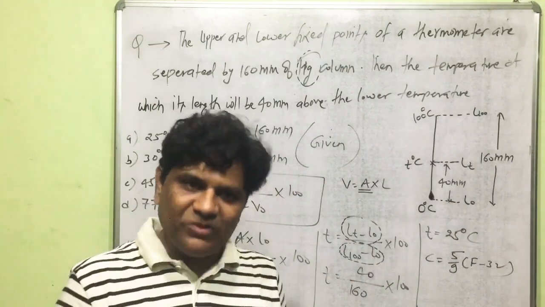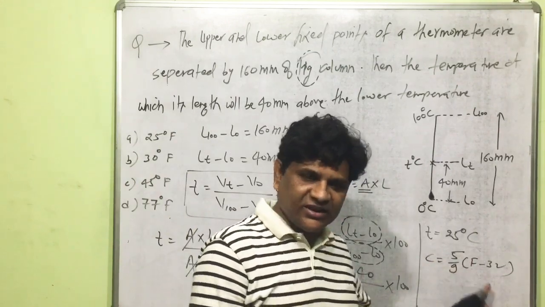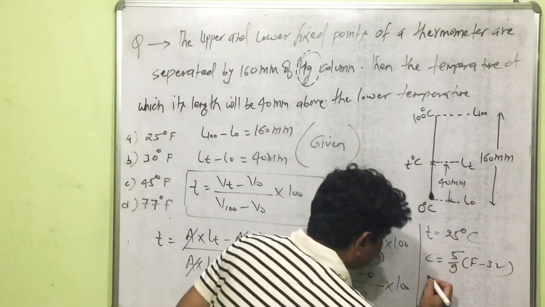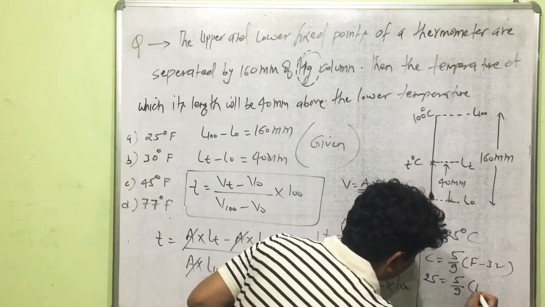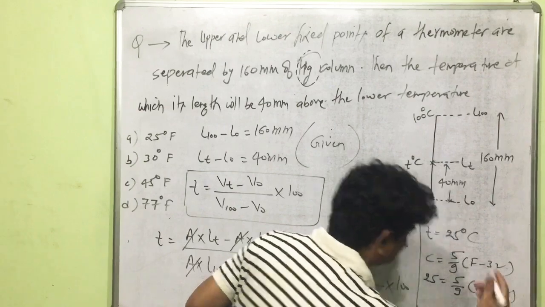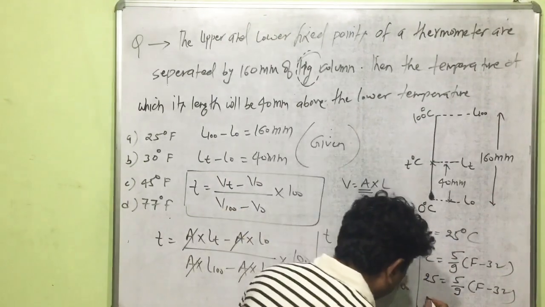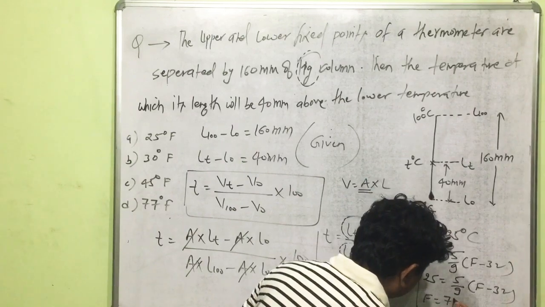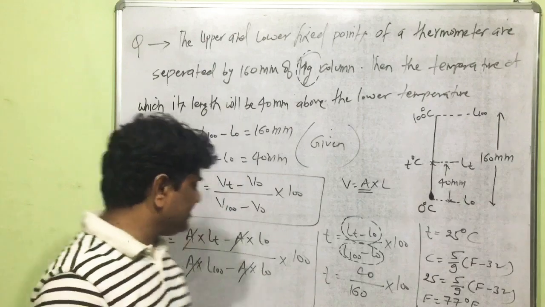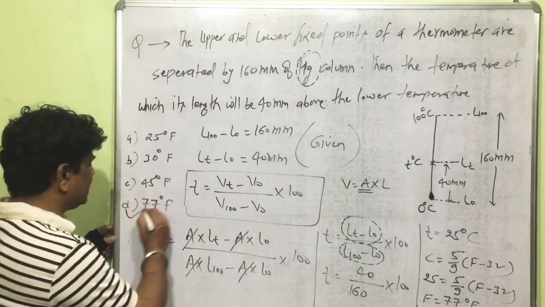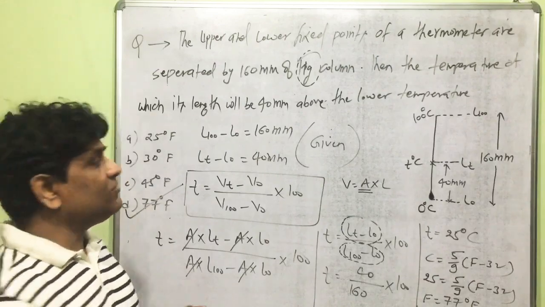So 25 is equal to 5 by 9 of F minus 32. After solving, F will come 77 degree Fahrenheit. Our answer matches option D. So the right answer is D, 77 degree Fahrenheit.